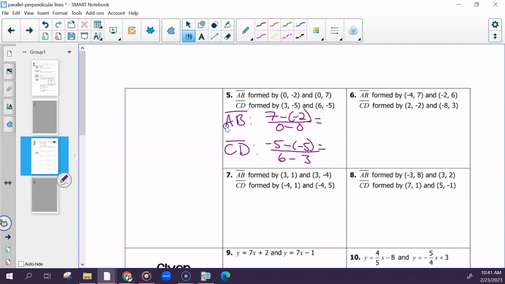Before you tell me what it simplifies to, what would this be? 9 over 0. What would CD be? 0 over 3.